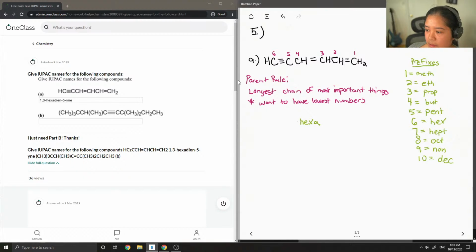So on carbons 1 and 3, there is a double bond. So in order to say that, I'll say 1, 3. Since there's 2 of them, I'm going to write di-ene. So for ene, that means there's a double bond involved.